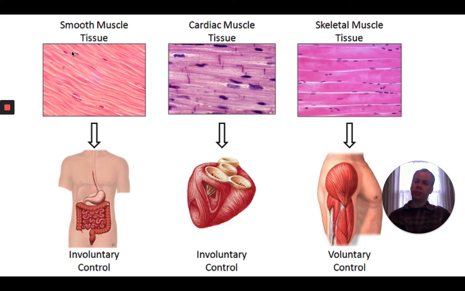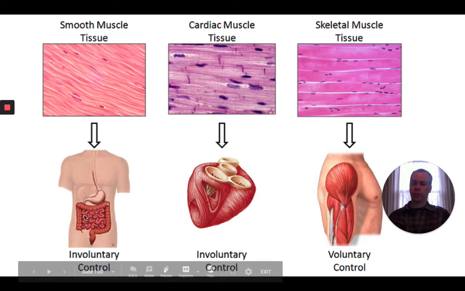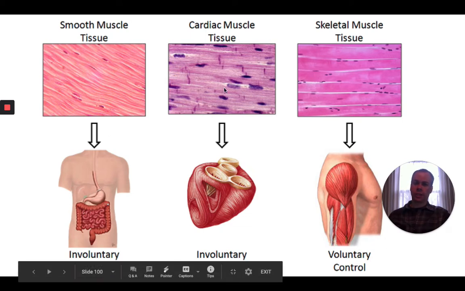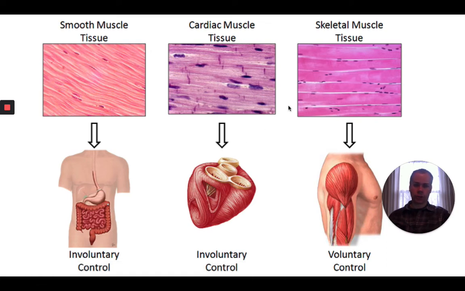We have smooth muscle tissue that makes up digestive organs. Cardiac muscle tissue is found in the heart, which is also involuntary. And then we have the skeletal muscle tissue, which is the muscle tissue which we actually have control over. This muscle tissue is made of a series of these elongated muscle cells working together to form a tissue.